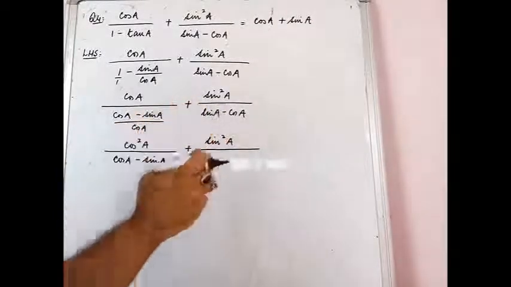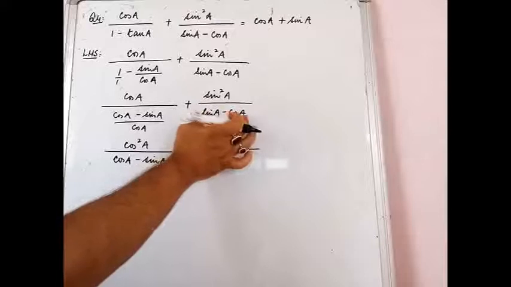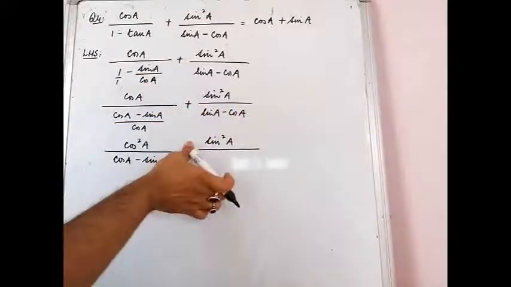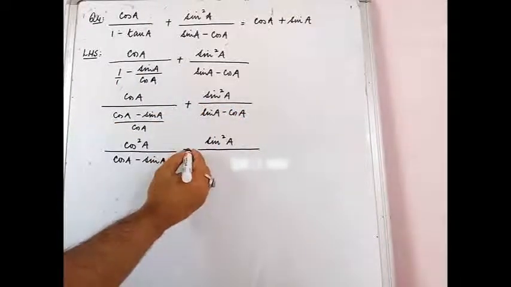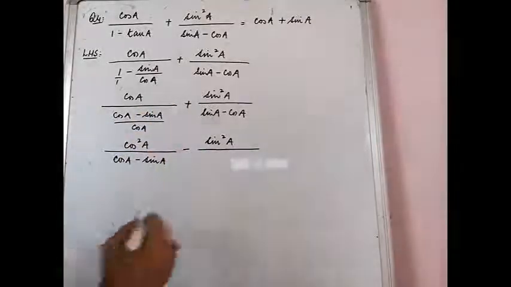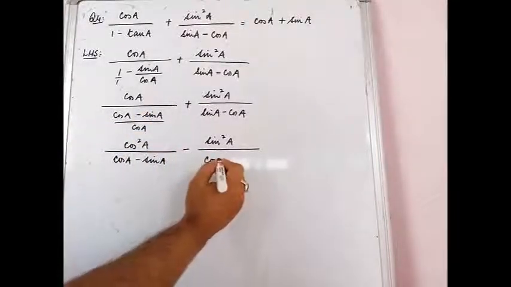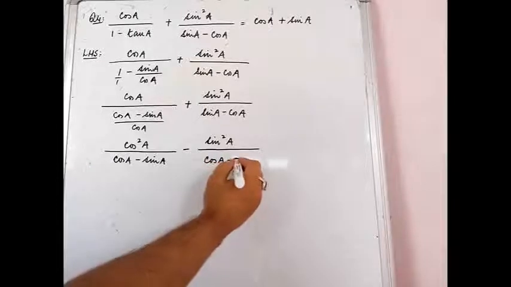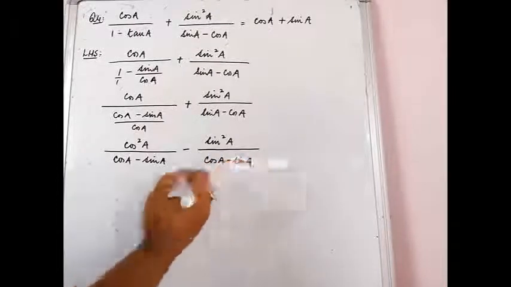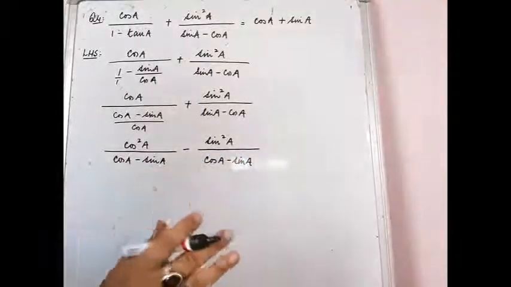So what I will do is I will take out a minus sign common. When I take out the minus sign common, this central sign will become minus, and now I can write down cos A minus sin A. Did you understand what I did?